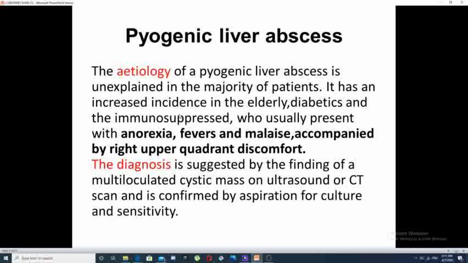Usually presentation of the patients is anorexia, fever, malaise accompanied by right upper quadrant discomfort. And the diagnosis may be suggested by finding of multiloculated cystic mass on ultrasound or CT scan, and this should be confirmed by aspiration of the cyst and sent for culture and sensitivity.